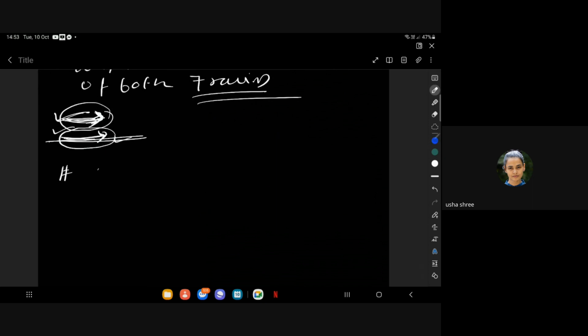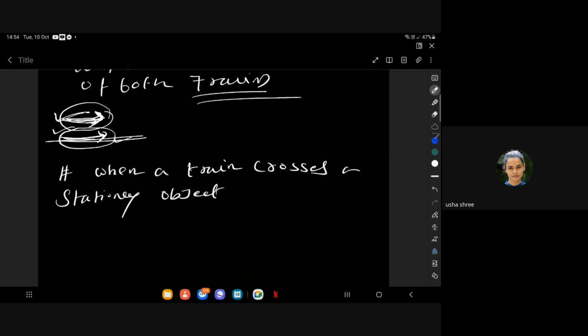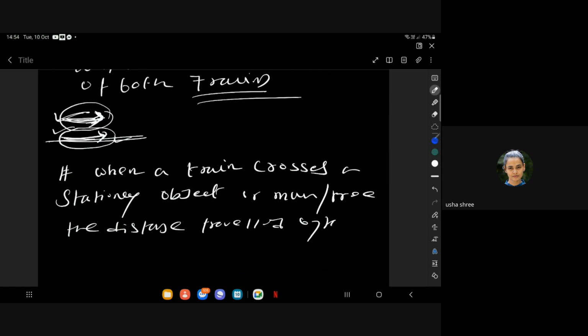So when a train crosses a stationary object, or a man, or a tree, at a small point, how much distance is traveled by the train?